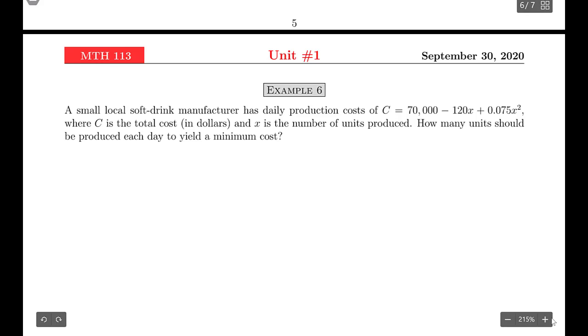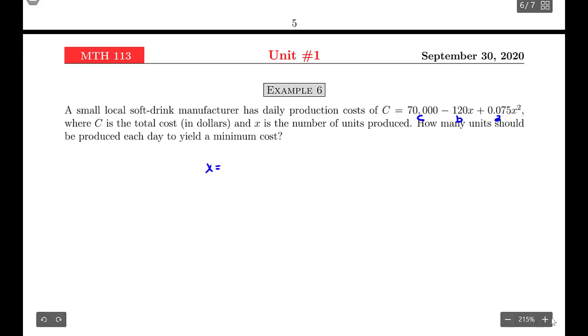In this particular case, all we're interested in is the value for x. We're not interested in finding what the actual cost is. We're just interested in finding x. Because our a value is positive, we know that this is going to be a minimum wherever the vertex is at.